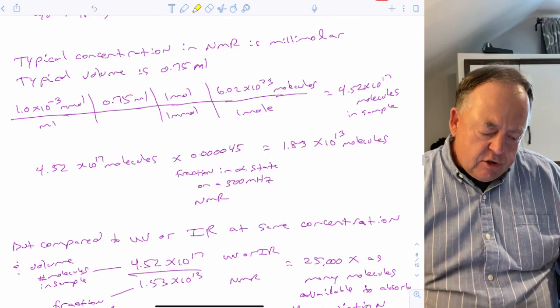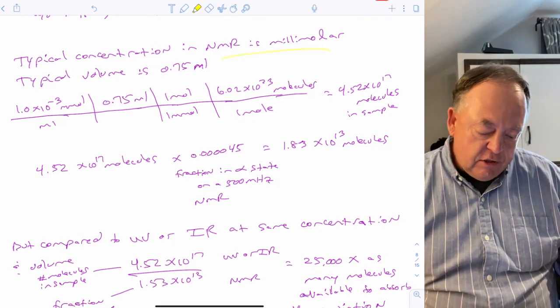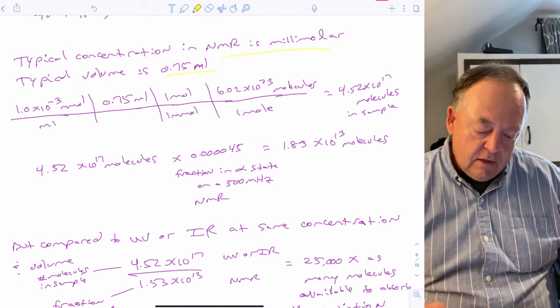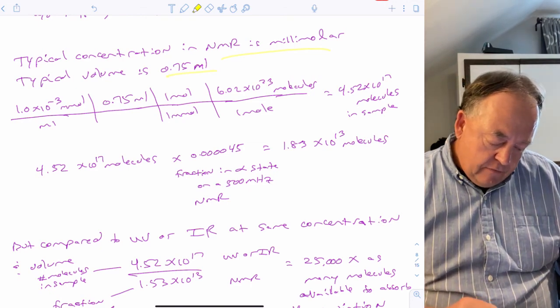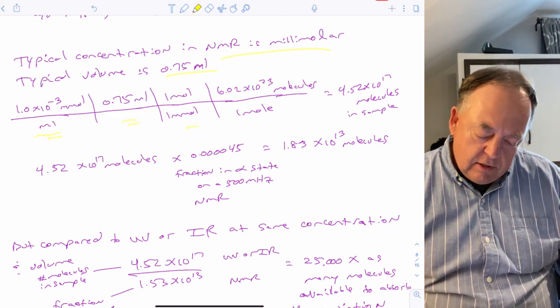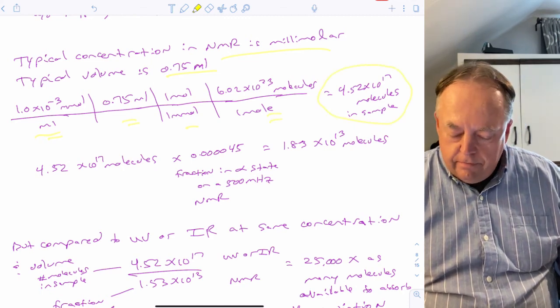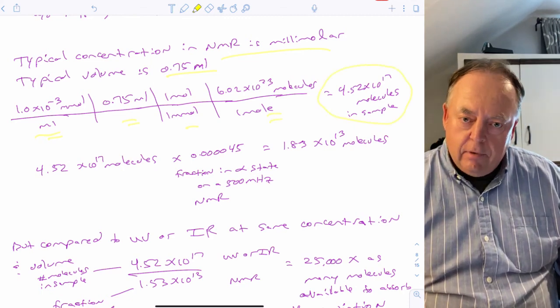Okay, so we talked about concentration in NMR before. NMR is typically done at millimolar concentrations in about 0.75 mL. So if we took 1 millimolar times 0.75 mL, converted millimoles to moles, and multiplied by Avogadro's number of molecules per mole, that would be how many molecules are in an NMR sample.